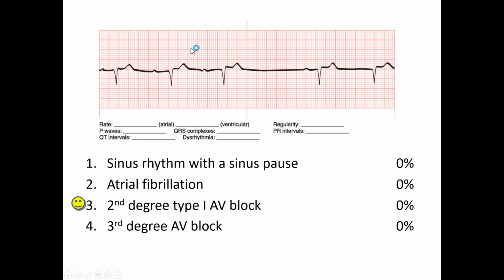Looking at it a little bit quicker, you do have prolongation of the PR until you get one that drops off, and then it lengthens out again. It would be nice to see a further strip to make sure that pattern remains consistent. But we'll go with second degree type 1 here.